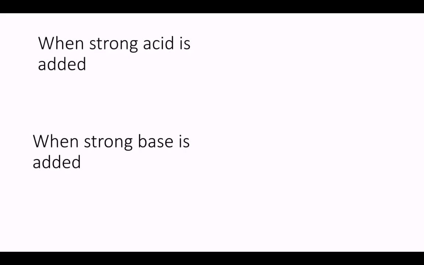Now let's look at what happens when we add strong acid to a buffer solution. So strong acid is H+. The acid will react with the conjugate base. In this solution, the conjugate base is CH3COO-, which comes from CH3COONa.